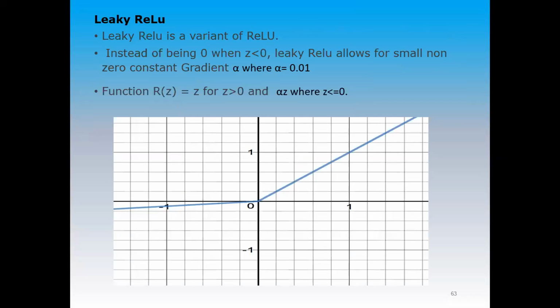So they brought in what is called dying or leaky ReLU, wherein they introduced a small non-parametric constant called alpha, a non-zero value with a default of 0.01. For values less than 0, you multiply by alpha, giving alpha times z, and for values greater than 0 it stays z. So it will be max of alpha z comma z rather than 0 comma z.